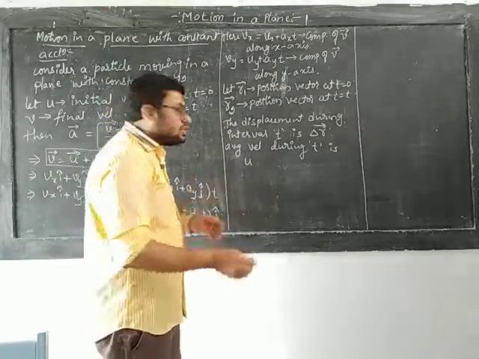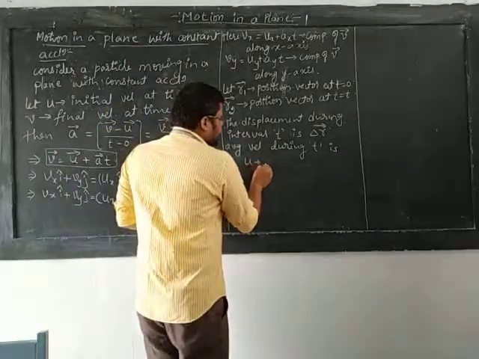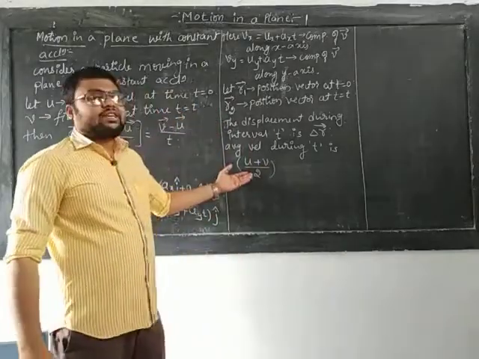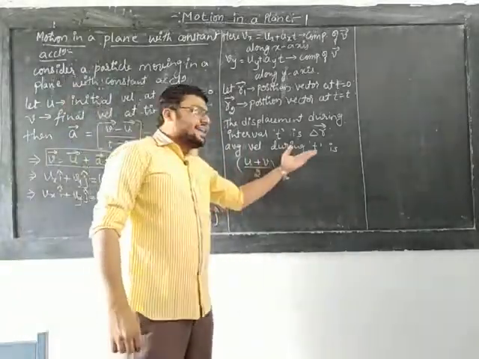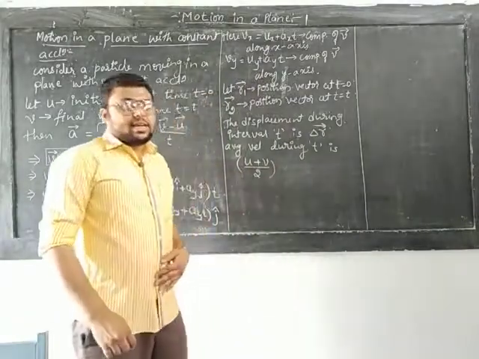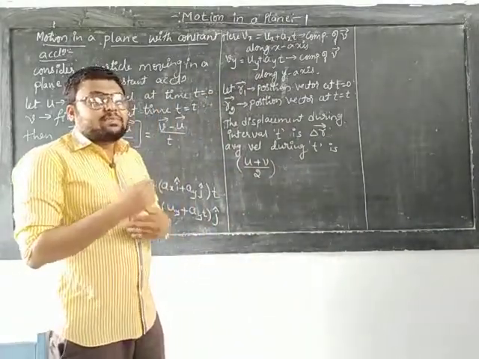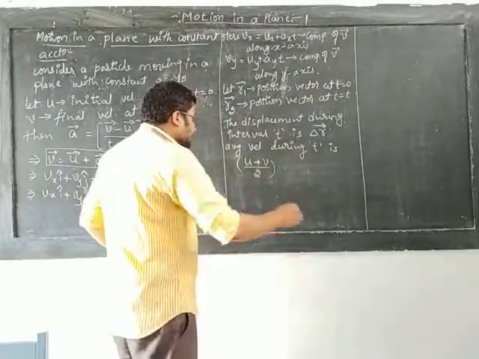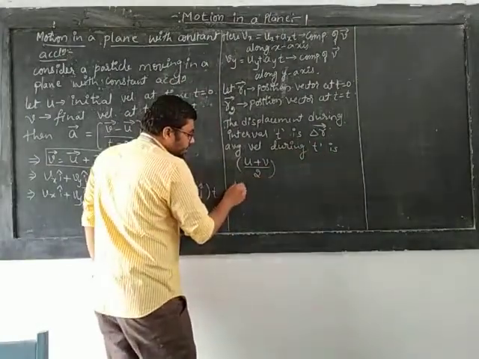The average of these two velocities will be u plus v divided by 2. So it is the average velocity during the interval t. Then how can we write the displacement vector during the interval t?